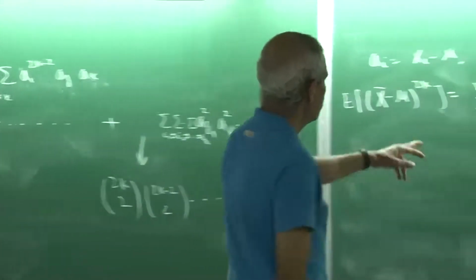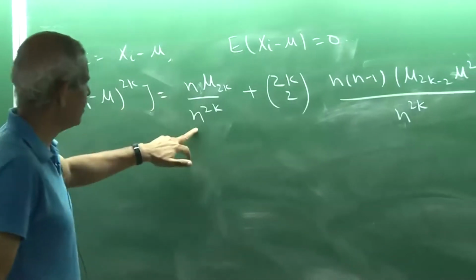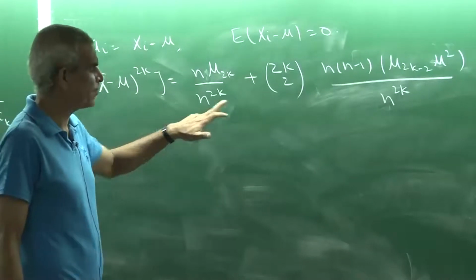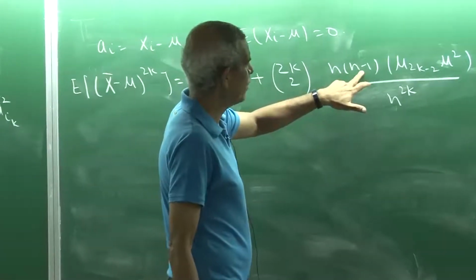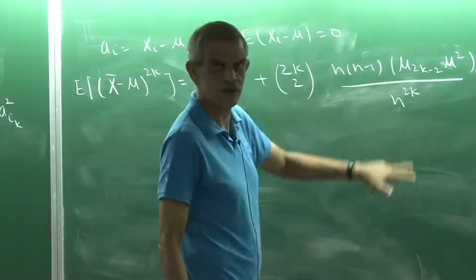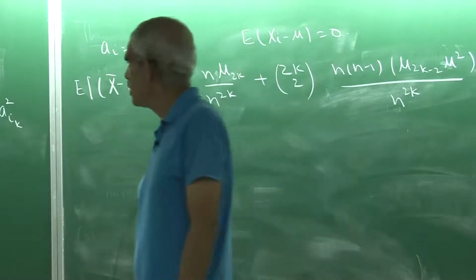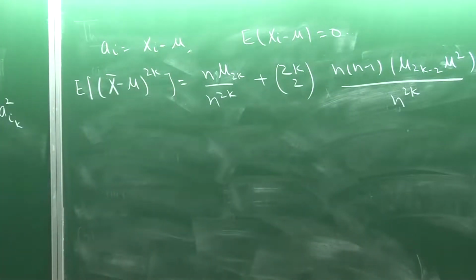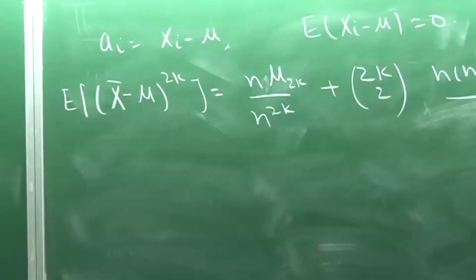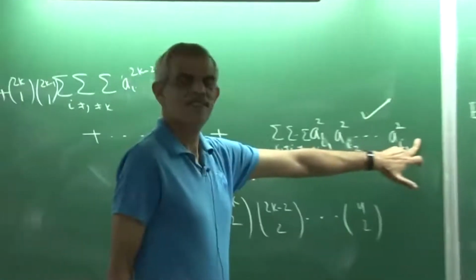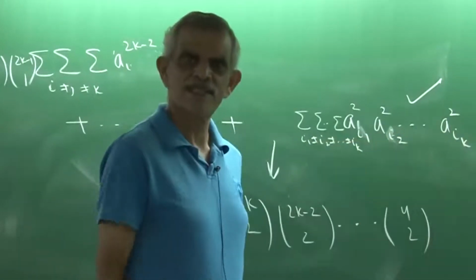So note that to begin with, I get a term which is of order 1 upon n to power 2k minus 1. This is n into n minus 1, so n square, this would be of order 1 upon n to power 2k minus 2. The smallest order which I am going to get is this one, because whenever one of them is having a power 1, that is going to be 0.